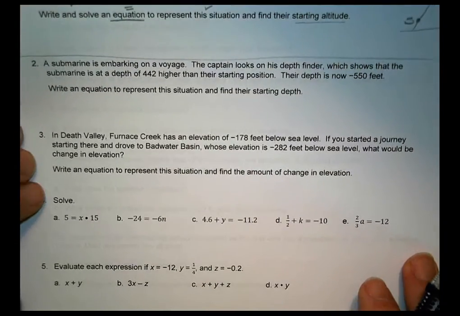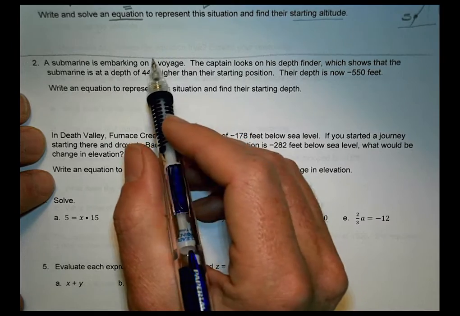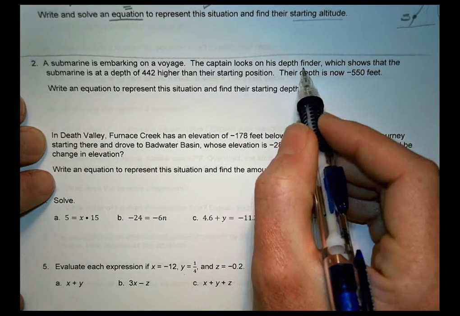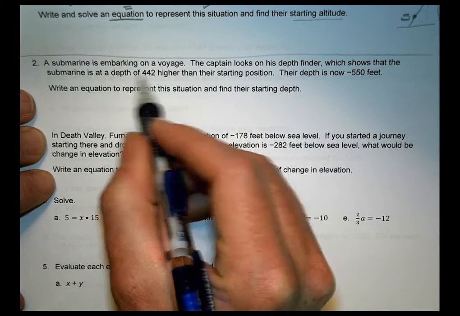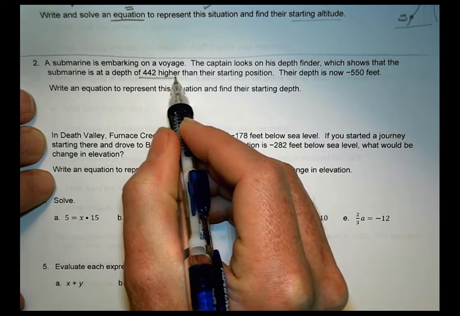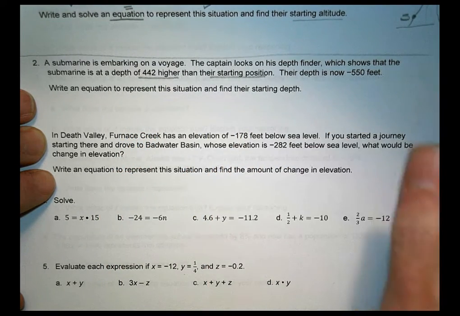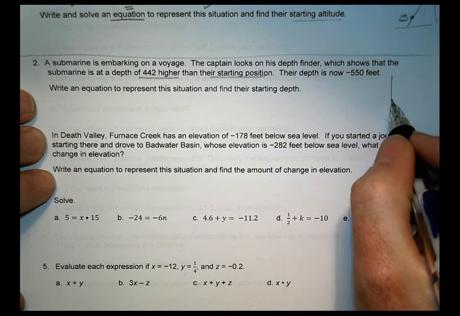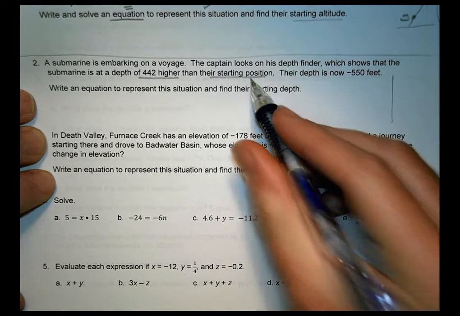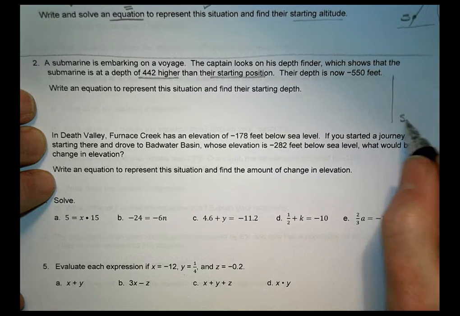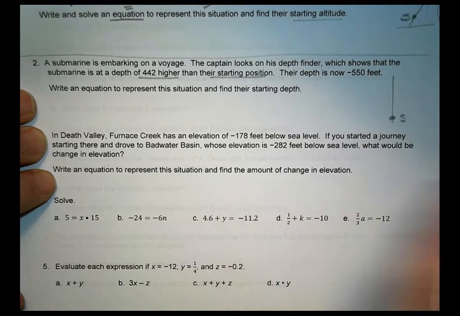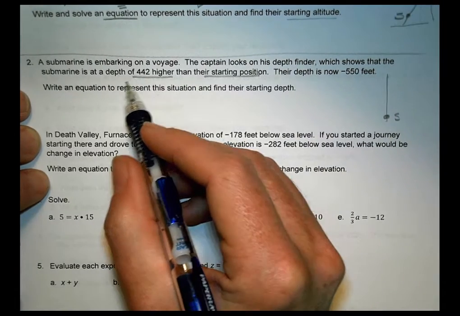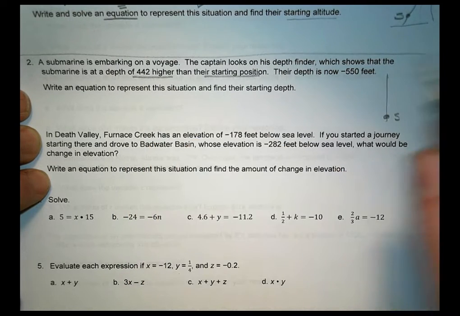Number 2. A submarine is embarking on a voyage. The captain looks on his depth finder, which shows that the submarine is at a depth of 442 higher than the starting position. So let's take a little look here. I'm going to draw a little line. We have a starting position somewhere down here. And it says the submarine is 442 higher than the starting position.